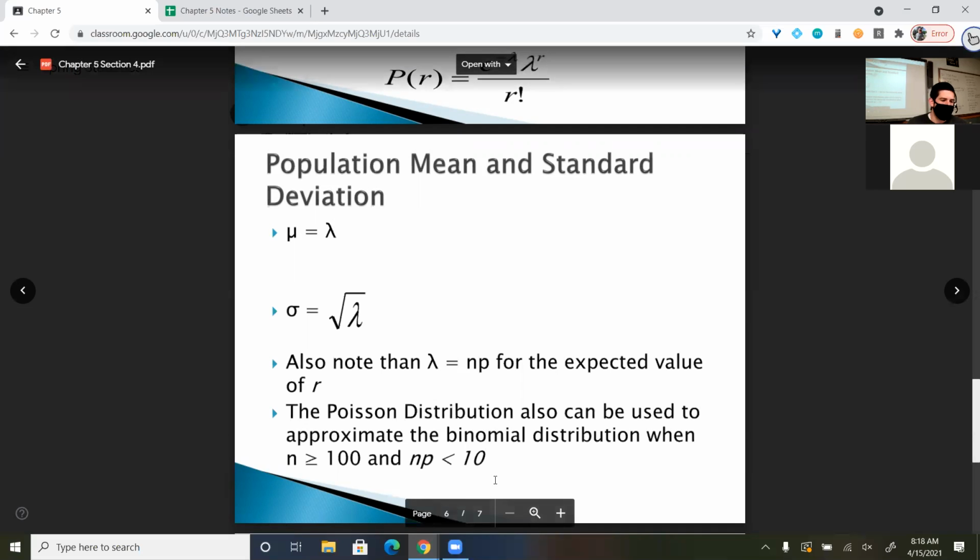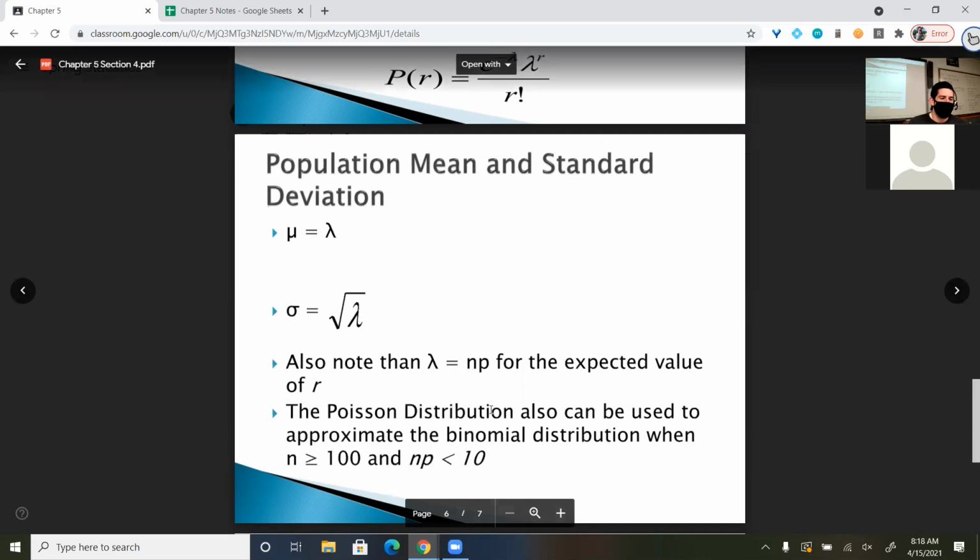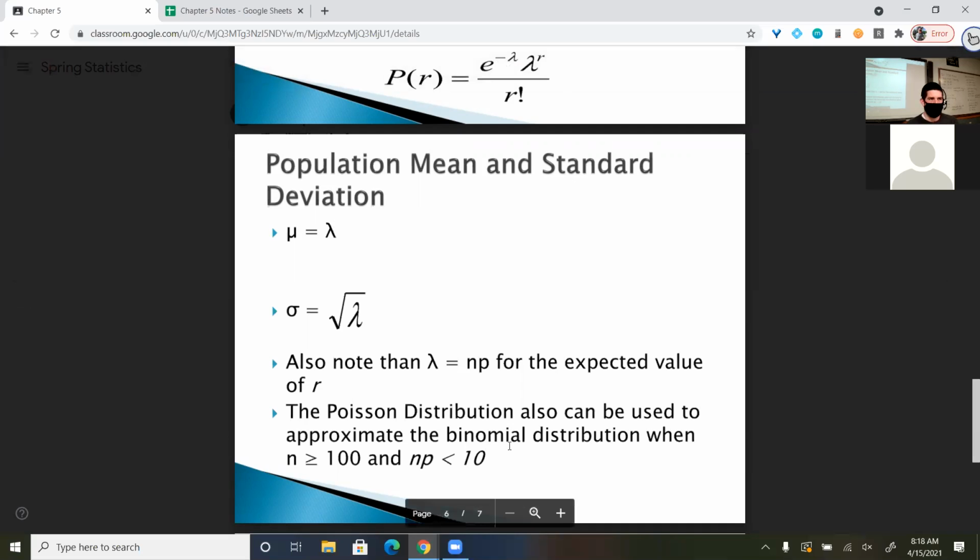Now down here is a technicality that they're saying that with the Poisson distribution, we can use it to approximate the binomial distribution by just taking n times p, finding the expected value, then using that as our lambda. The reason why that's in there is, as I said, the Poisson distribution has a heavier focus in more advanced statistics.